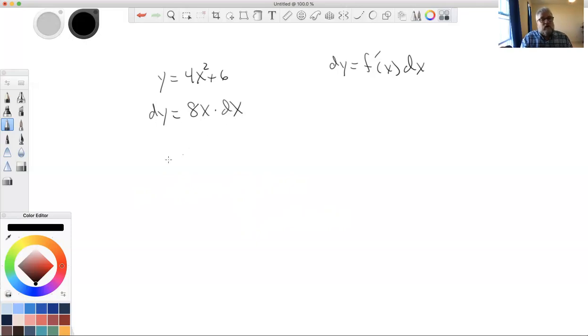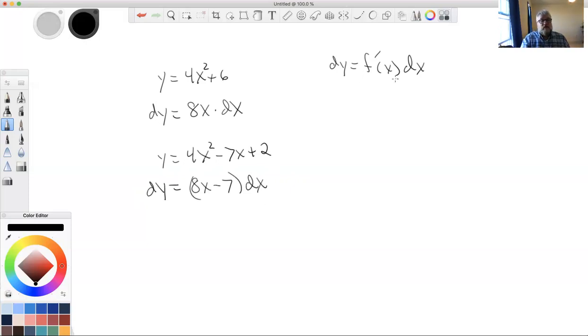So basically, wherever you see an x in the function, it's going to end up with a differential next to it. For example, y equals 4x squared minus 7x plus 2. We want to take the derivative of this and show it as differentials. The derivative of this is going to be 8x minus 7 dx, right?